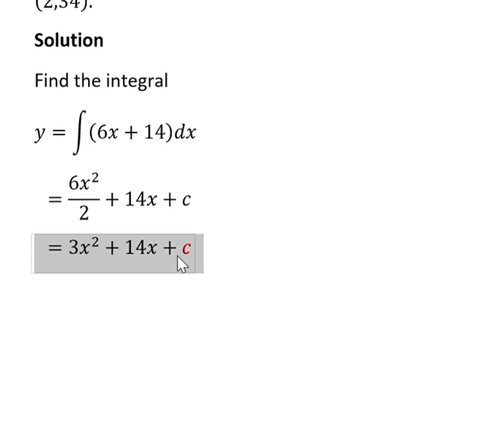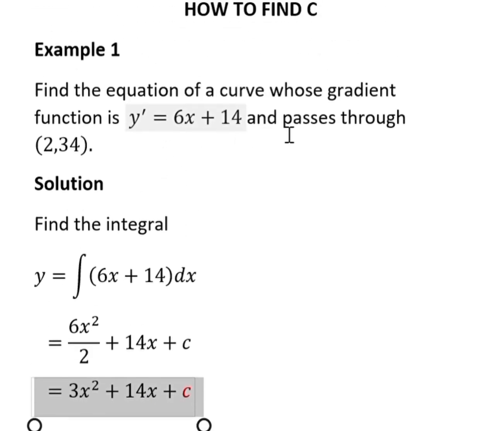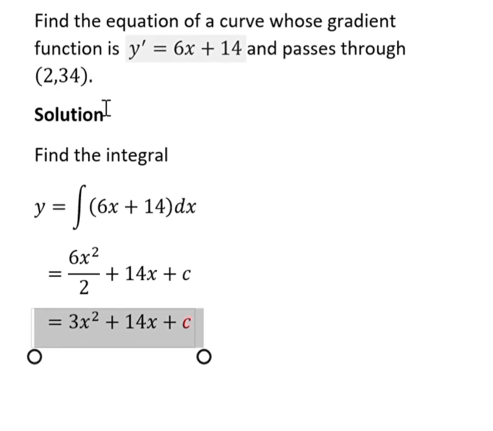How do we get this c? We get it using this statement we have here. We have been told the curve passes through point (2, 34). This is the x coordinate, this is the y coordinate. Take these coordinates and substitute them in this incomplete equation. So remember, this is y.